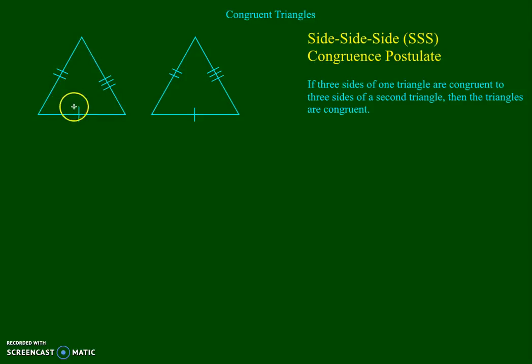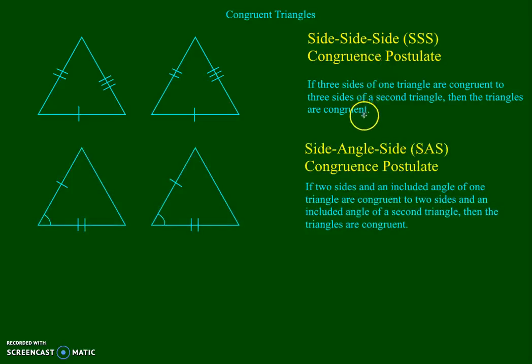So, given a triangle with three fixed sides and a second triangle with the same three fixed sides, there's no way to create a second triangle with these three side lengths that would be different than this triangle. So therefore, if three sides of one triangle are congruent to three sides of a second, those two triangles must be congruent. That's the side-side-side congruence postulate.